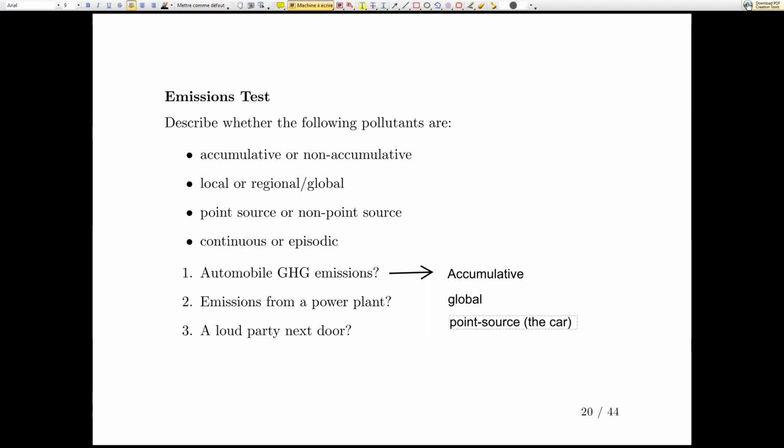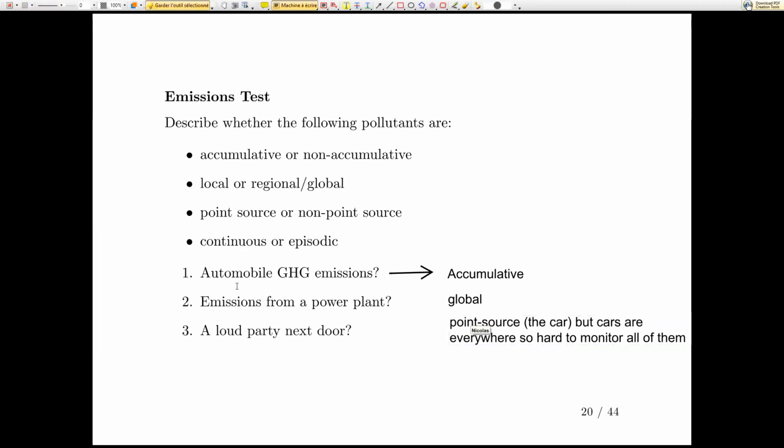But also, cars are everywhere, so it's hard to monitor all of them. So in that sense, it wouldn't be point source.